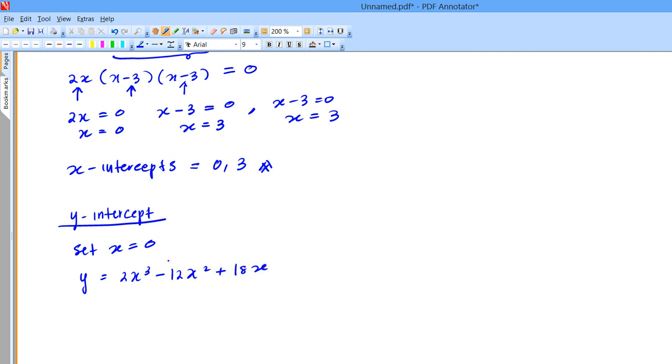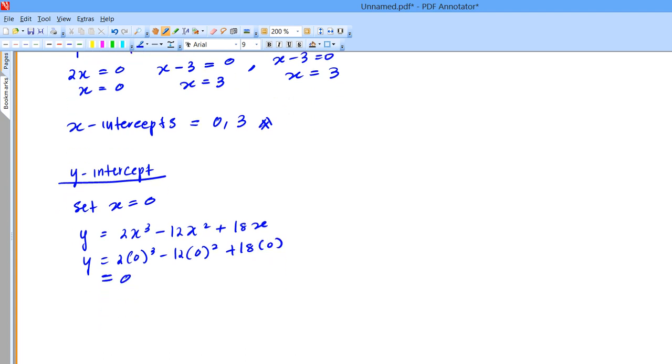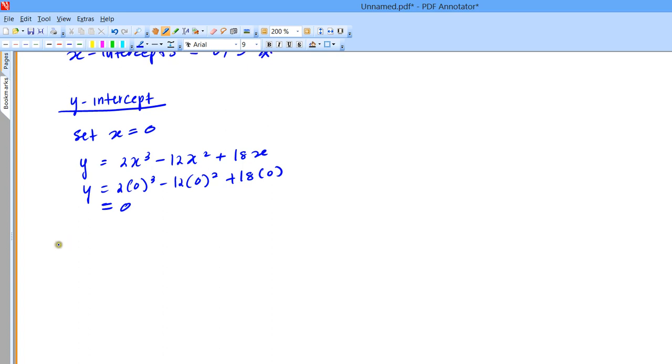Just set x equal to 0, so y equal to 2 times 0 cubed minus 12 times 0 squared plus 16 times 0 equal to 0. So we have y-intercept equal to 0.